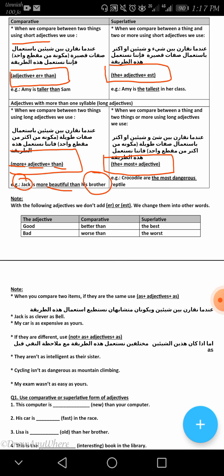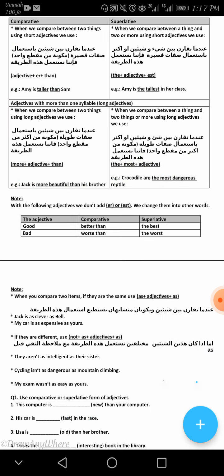Crocodiles are the most dangerous reptile. crocodile اللي هم التماسيح, reptile الزواحف, أخطر أنواع الزواحف. So this is crocodile and I compare it with reptiles, جميع الزواحف. In this case I use what? Superlative. Okay? Yes.